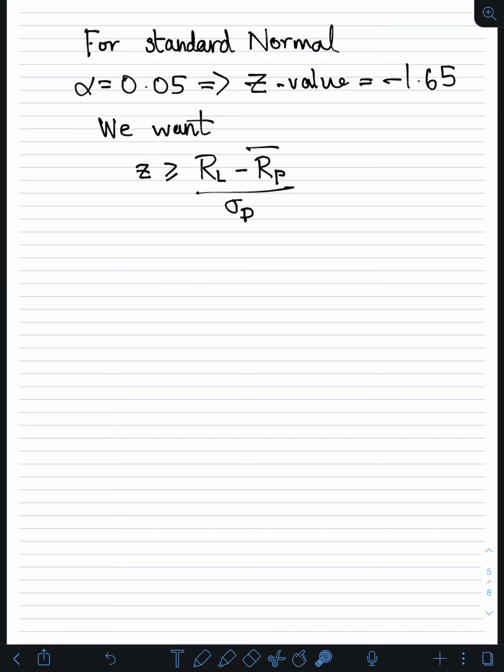Anyway, we have this criteria. If you remember, before, we said z is equal to RL minus RP bar over sigma P. We know this from before. This is how we calculate a z value. Now we're trying to say that we want a z that is not only equal, but could also be greater.